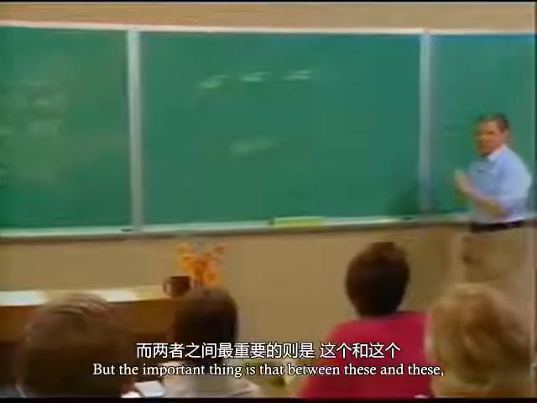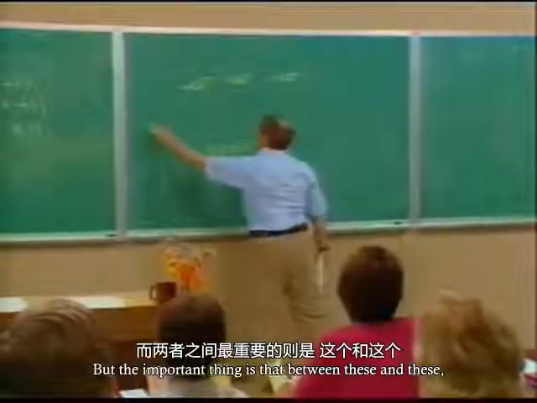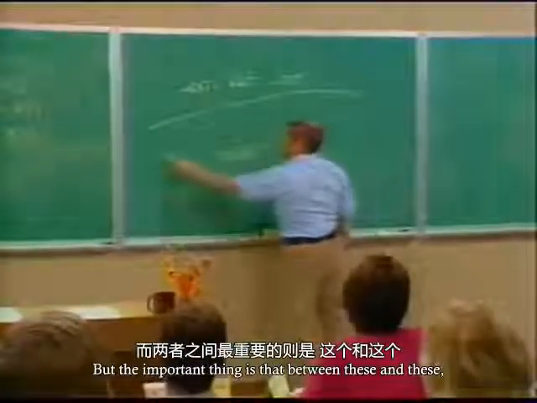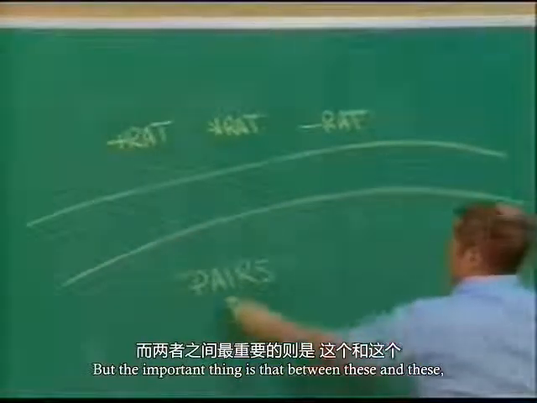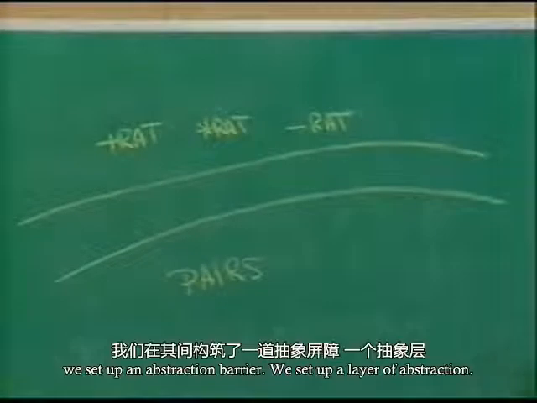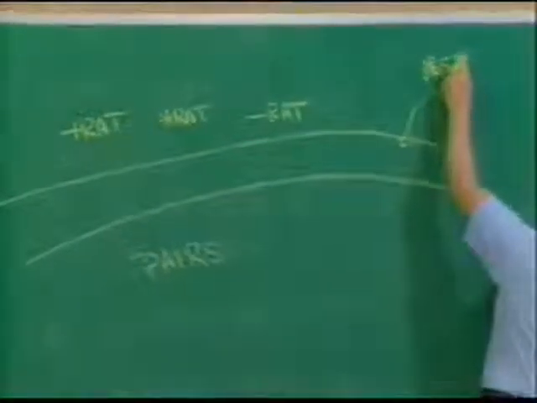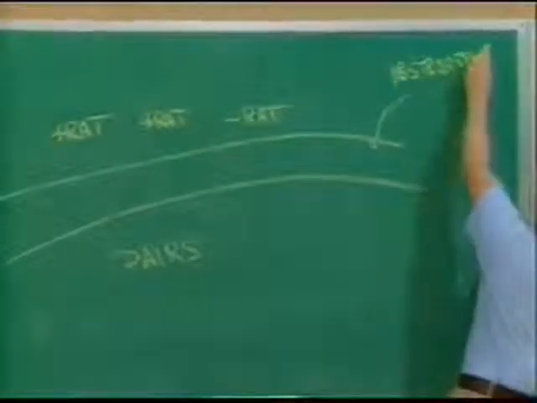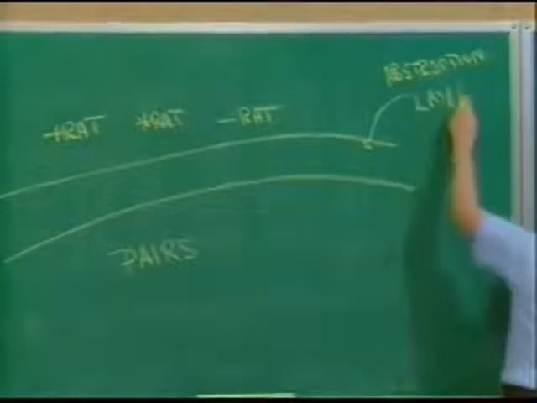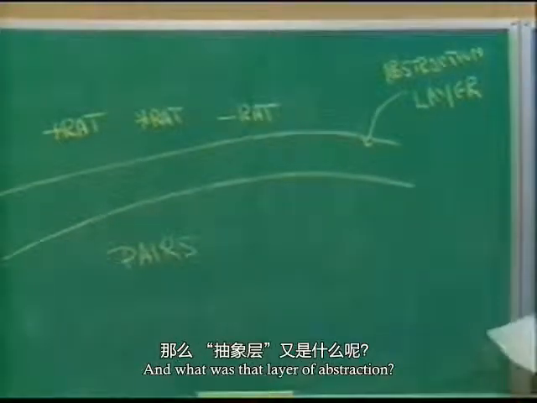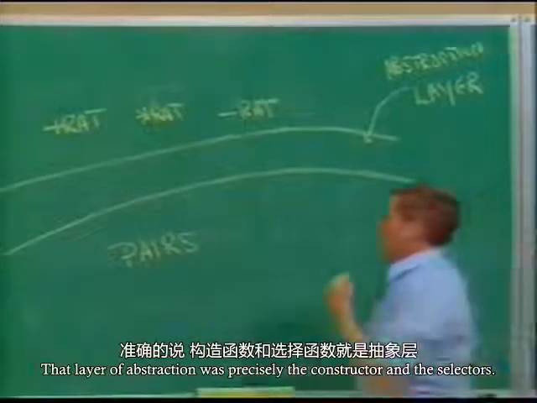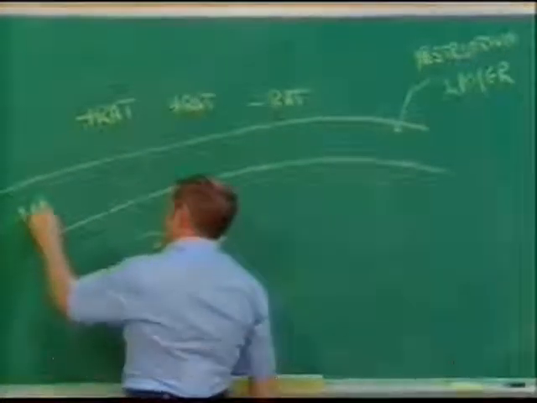But the important thing is that between these and these, we set up an abstraction barrier. We set up a layer of abstraction. And what was that layer of abstraction? That layer of abstraction was precisely the constructor and the selectors.